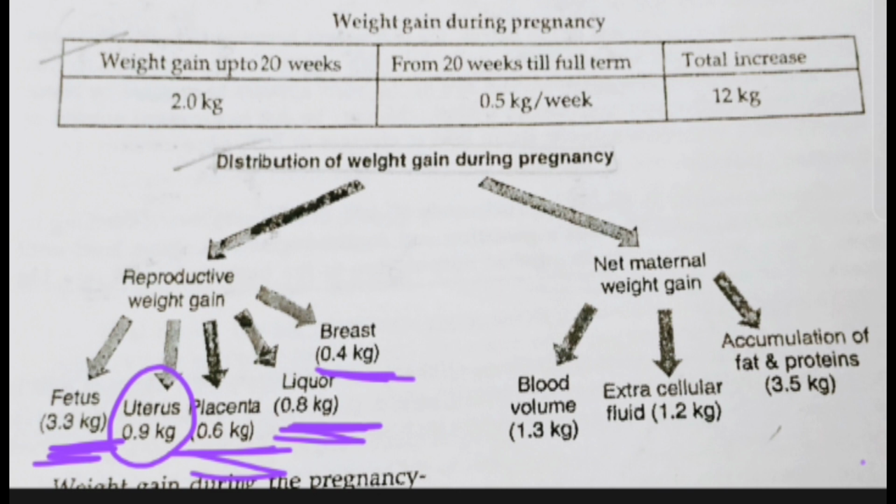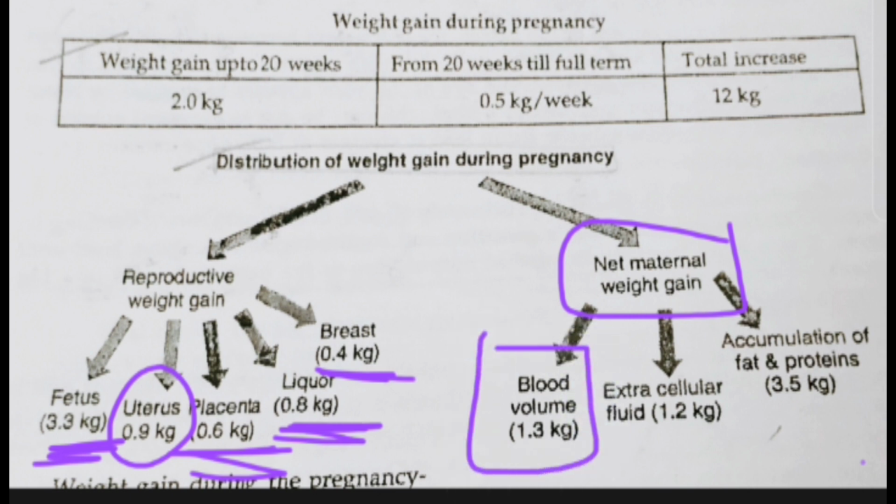And outside the uterus, that is in the mother's body, the blood volume increases by 1.3 kgs. It's because the blood is supplied to the baby. So more blood is produced and the blood leads to weight gain, that is 1.3 kgs.